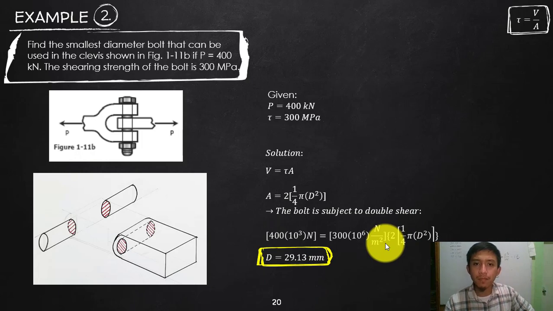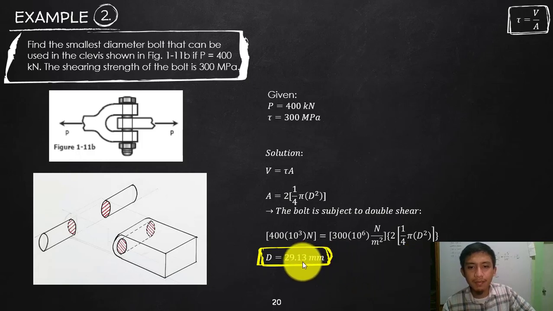As long as you know how to manipulate your unit, you should understand that you should make this one the same so that they will cancel out, in case you want to end up with that certain type of unit. So again, it's up to you. This is just conversion. So the diameter here is 29.13 millimeter. What does that mean?